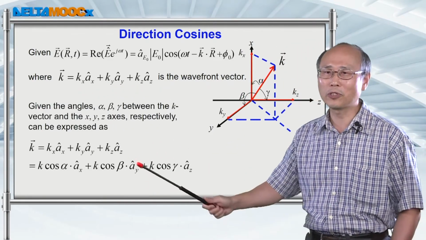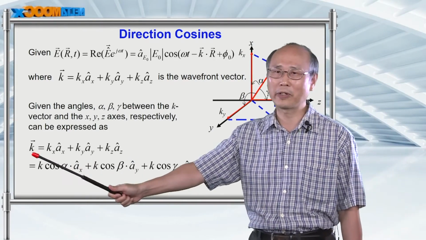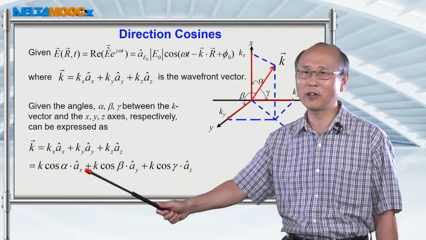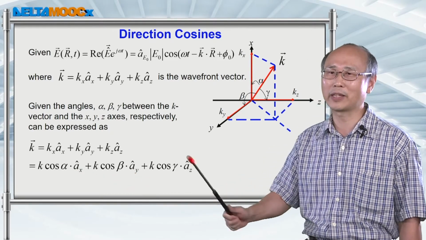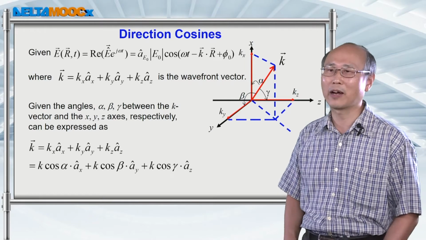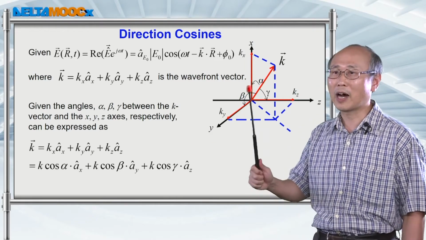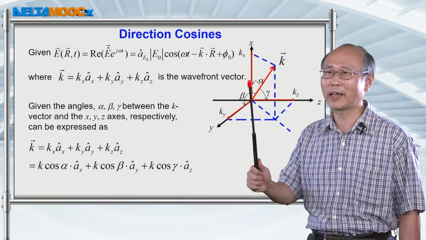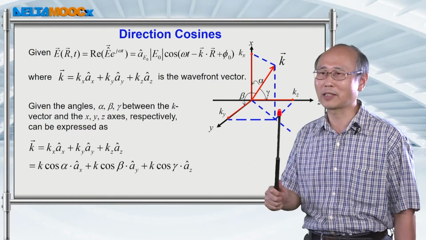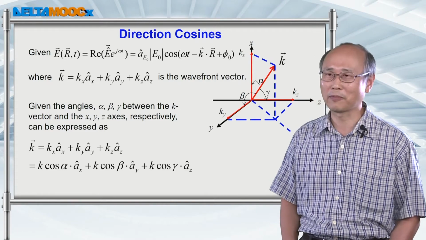So if you do so, you can express your k as k cosine alpha along x direction, k cosine beta along y direction, and k cosine gamma along z direction. And alpha, beta, gamma are the angles between k and x-axis, y-axis, and z-axis, respectively.